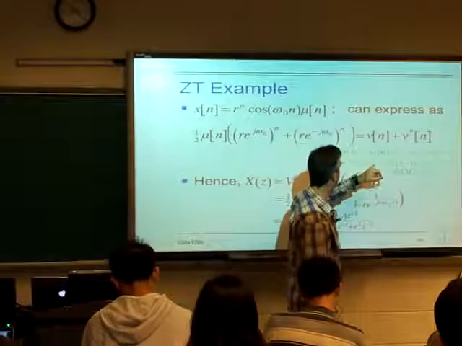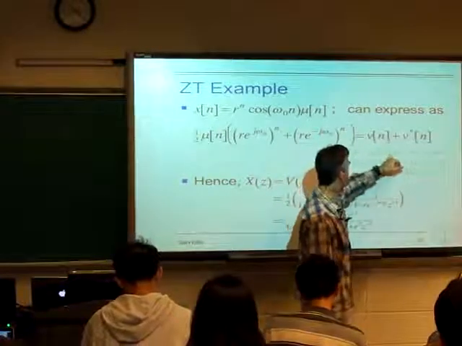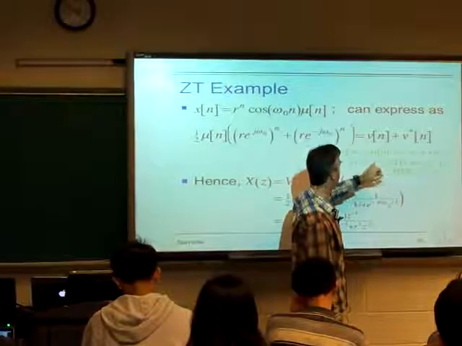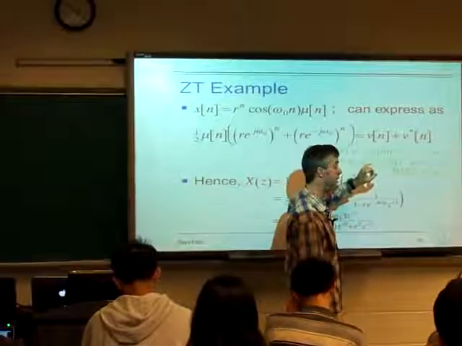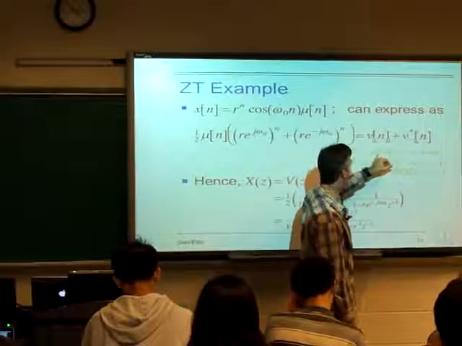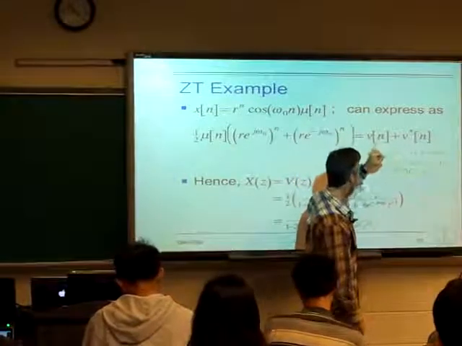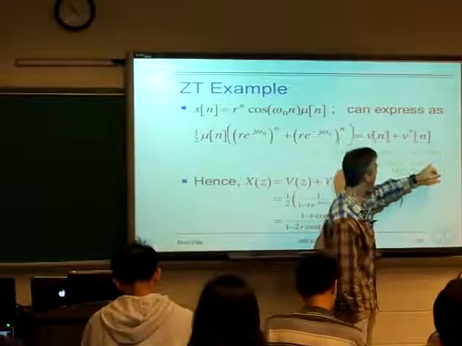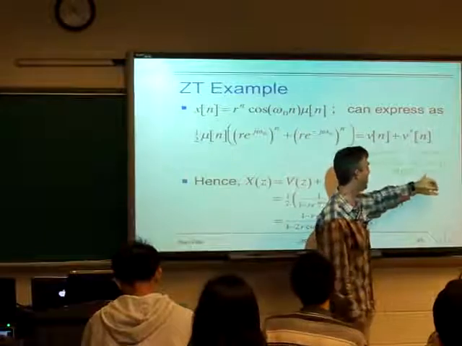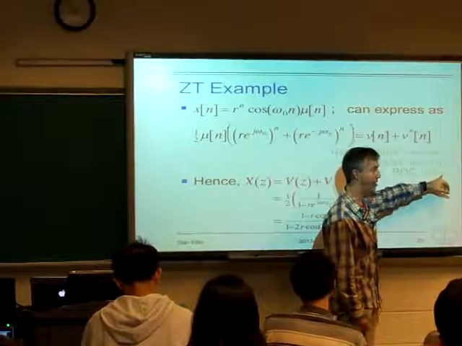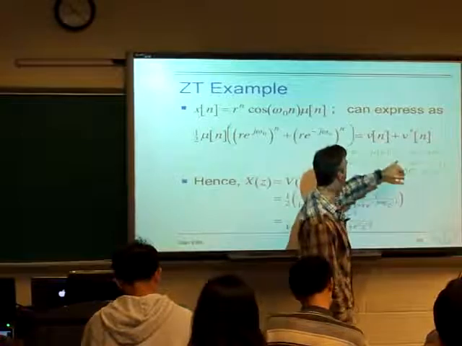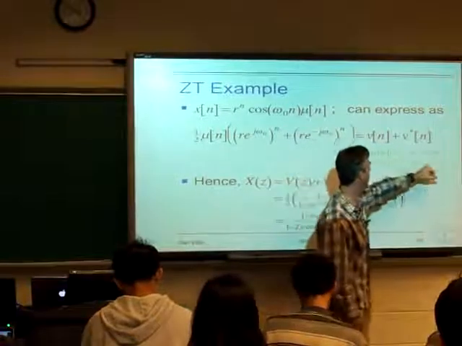But we know that the z-transform of mu of n alpha to the n, for magnitude alpha smaller than 1, is 1 over 1 minus alpha z to the minus 1 with region of convergence magnitude of z greater than the magnitude of alpha. So here alpha is this thing, r e to the j omega 0.